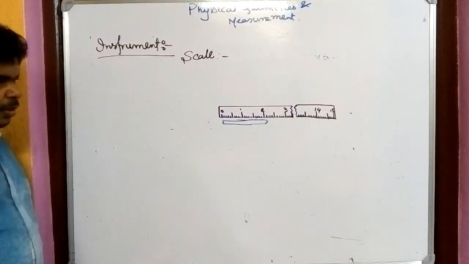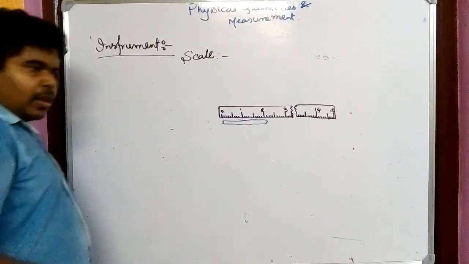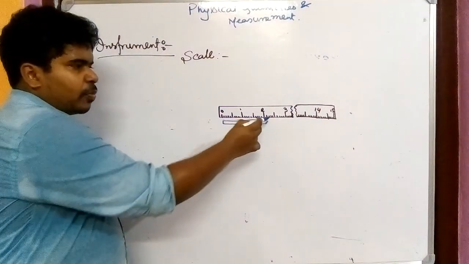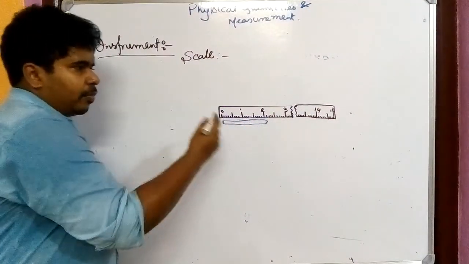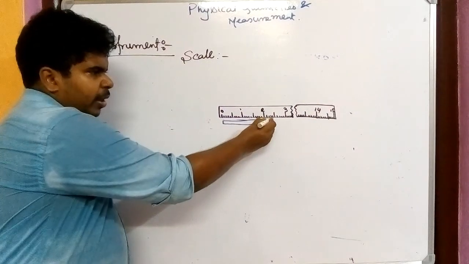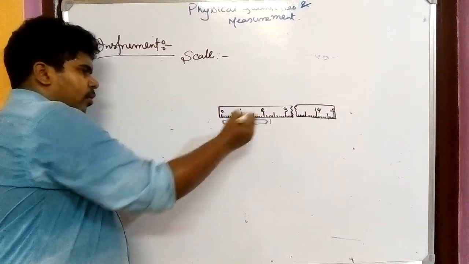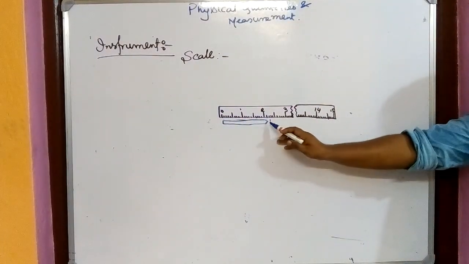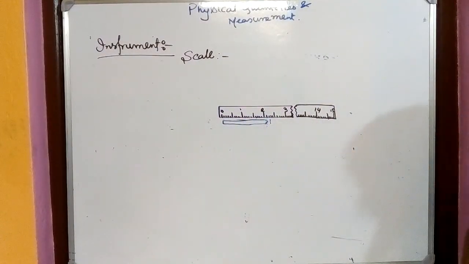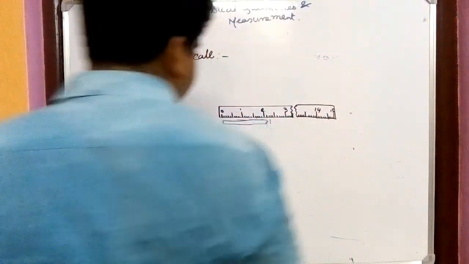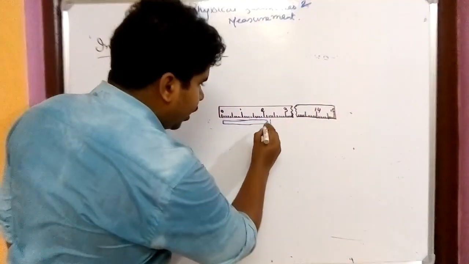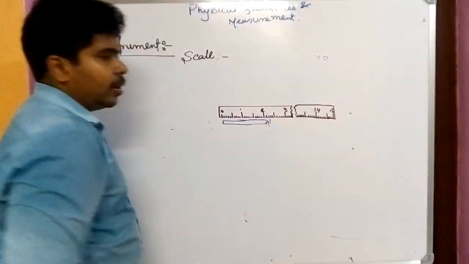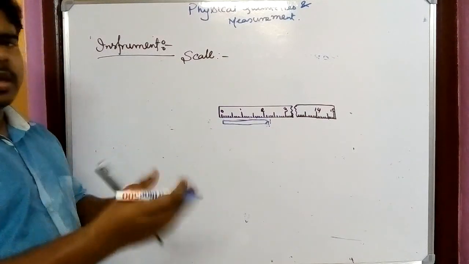And if I look at this point from this place, it seems to be reaching here. And if I see from here, it is reaching here. And if I see it perpendicularly, we see it here. Now you might be thinking, what is sir doing here?